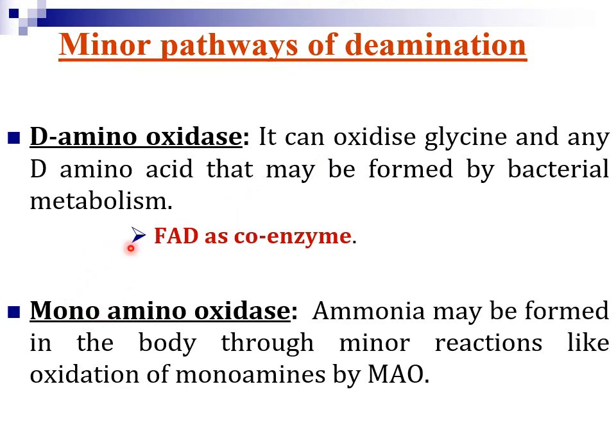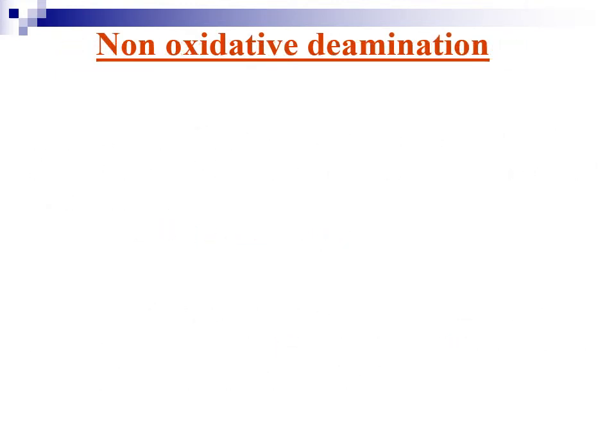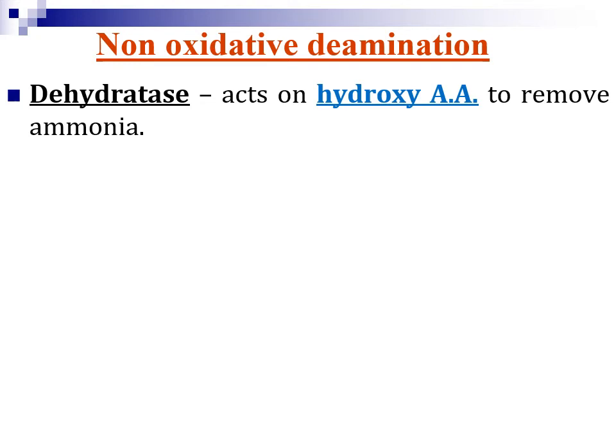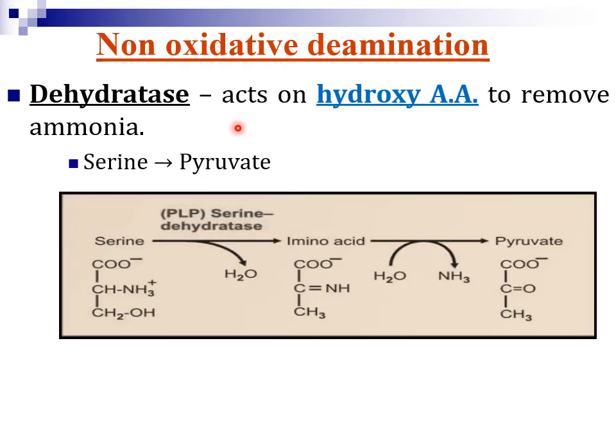The next pathway is with the help of monoamine oxidase, that is MAO. Ammonia may be formed in the body through minor reactions like oxidation of monoamines by monoamine oxidase. Then dehydratases act mostly on hydroxy amino acids to remove ammonia, like serine, which has a hydroxyl group.